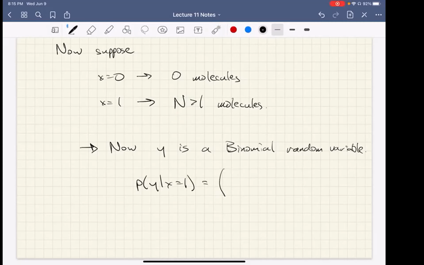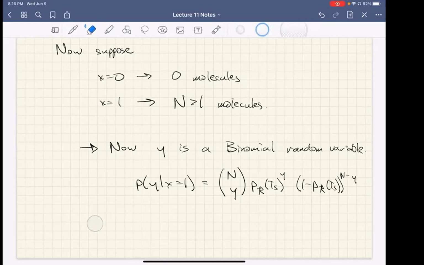Then the probability that I observe y molecules at time ts is n choose y, PRTS, that's the probability of arrival at time TS, to the power of y, times 1 minus PRTS to the power of n minus y.